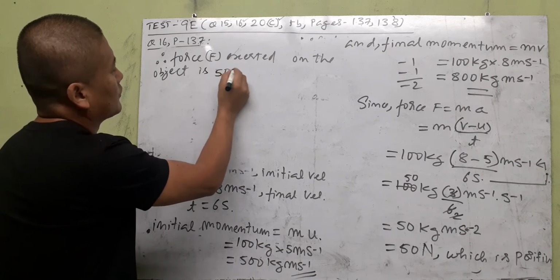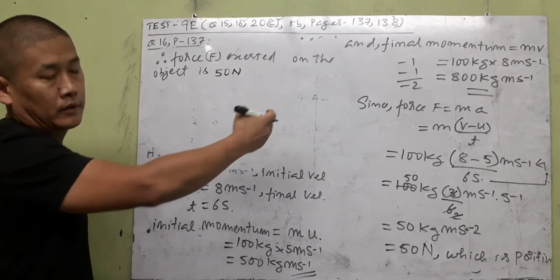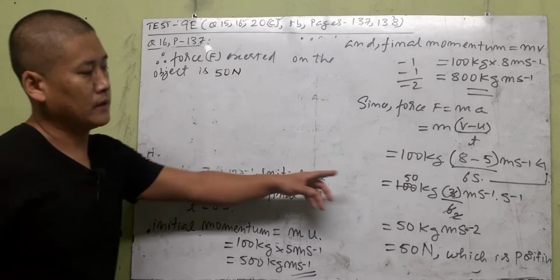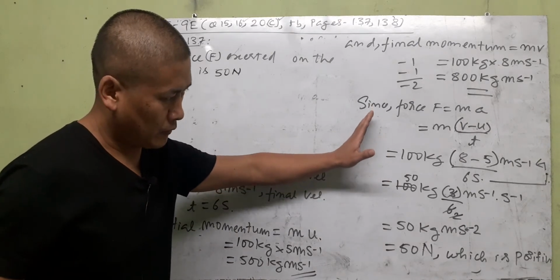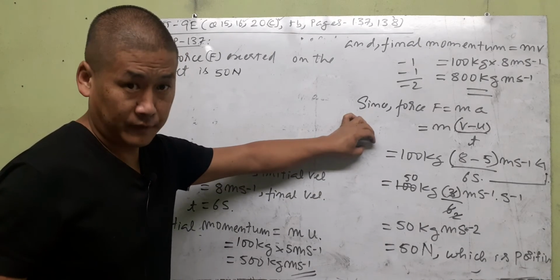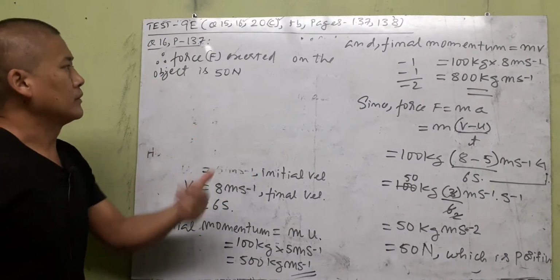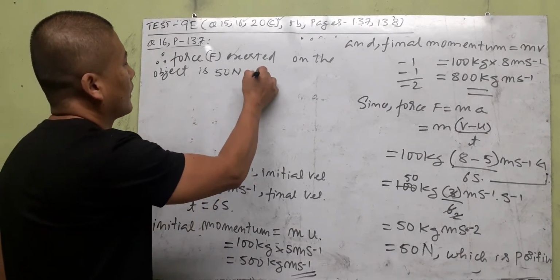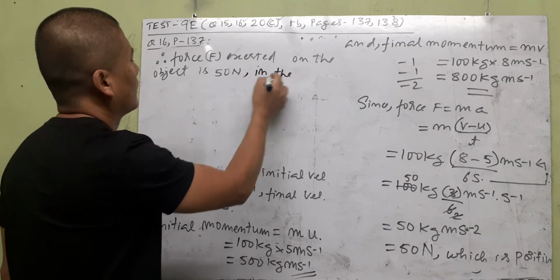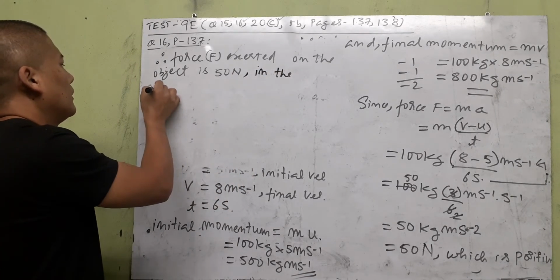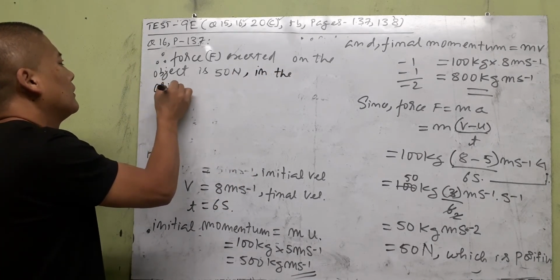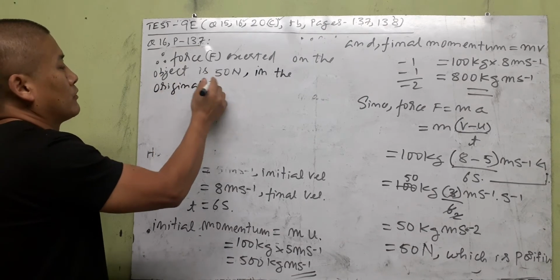Force exerted on the object is 50 Newton. So 50 Newton force has been applied to increase the velocity of this 100 kg mass from the lower initial velocity of 5 meter per second to 8. You need a force, right? So, increasing, 50 Newton, in the original direction, because it is plus.